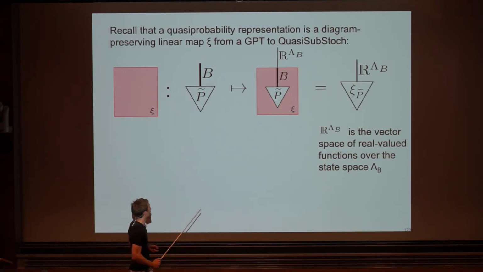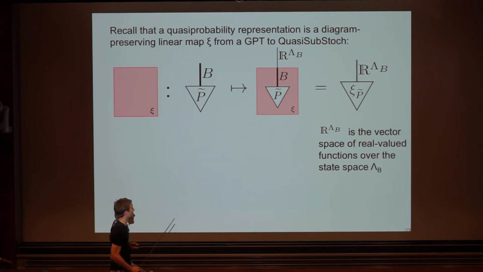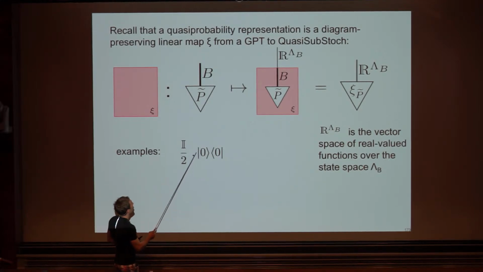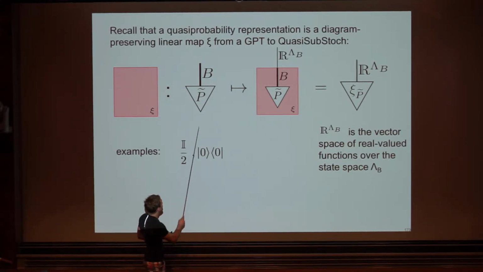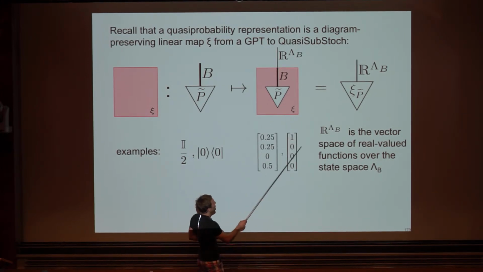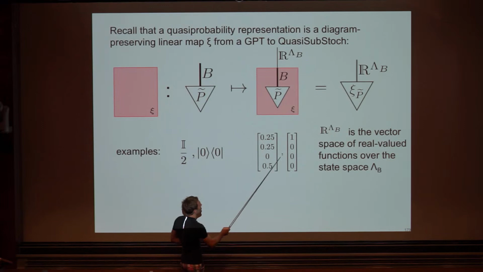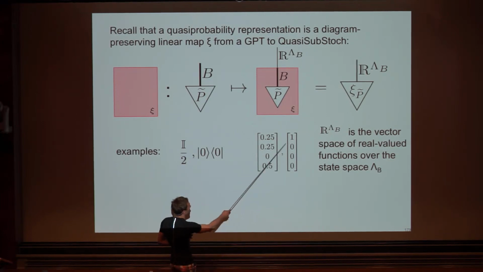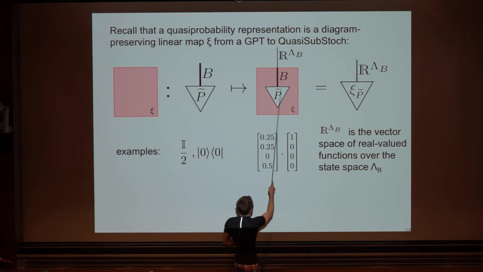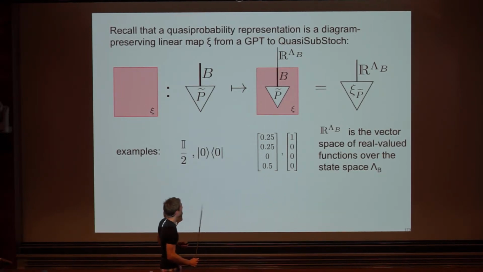In general, they can go negative, though, because we're doing quasi-probability representations here. Just to make sure everyone's clear what we're saying here, we have some quantum states, maybe this state or this state. We're mapping those into, again, real-valued functions over the ontic state space. Here's an example, and a different example of objects of this sort.